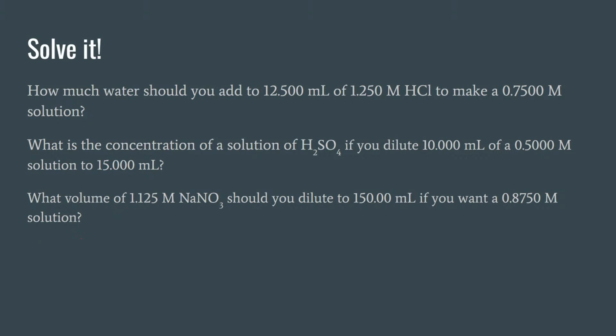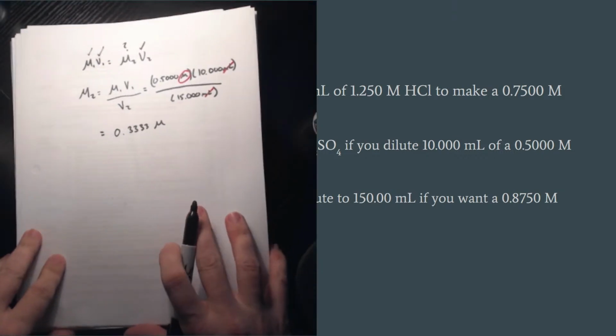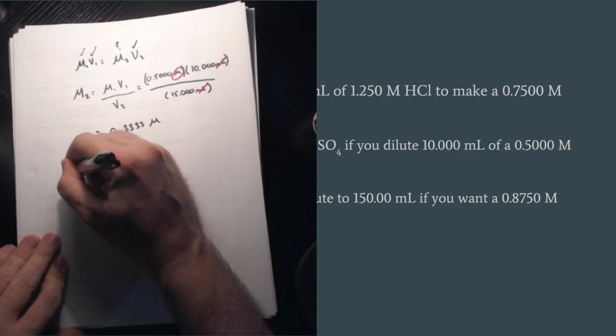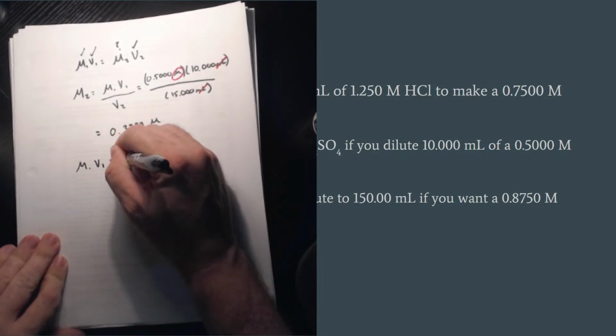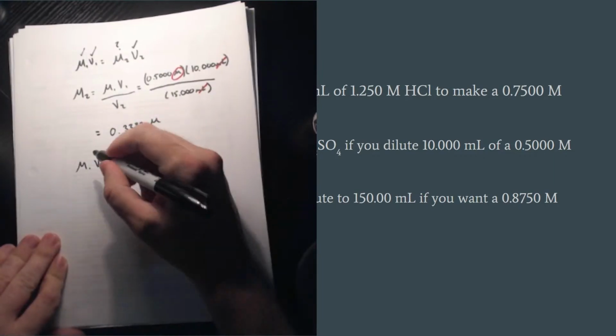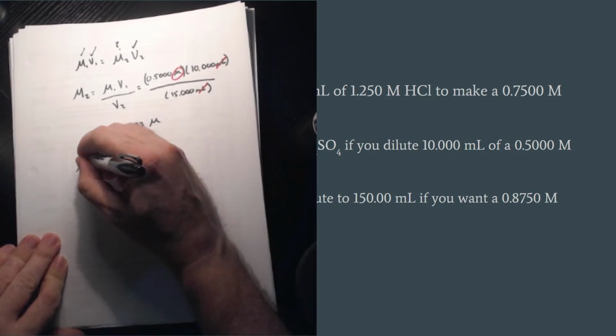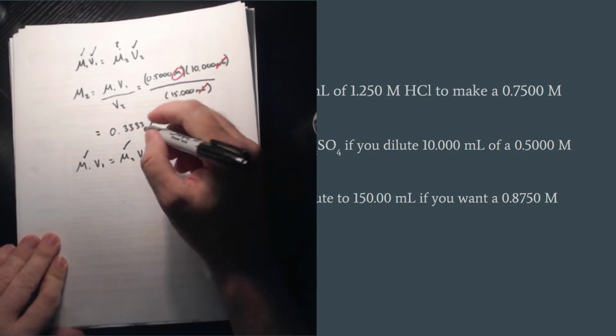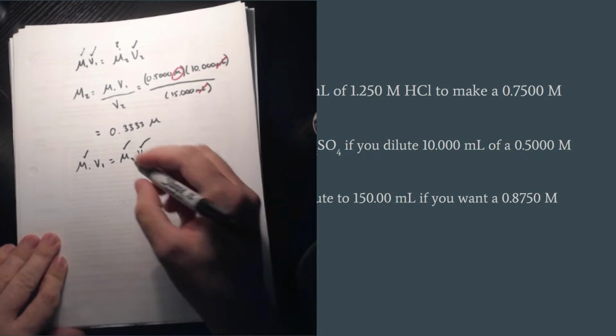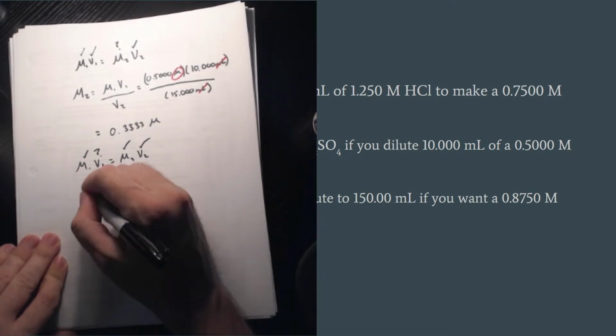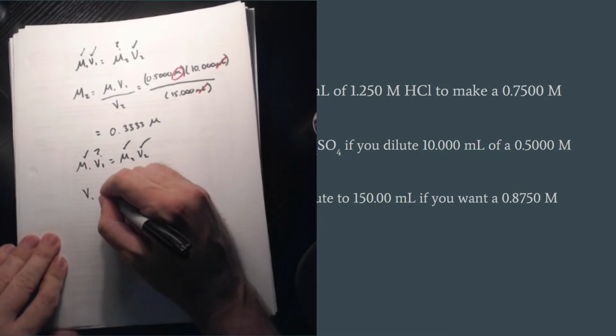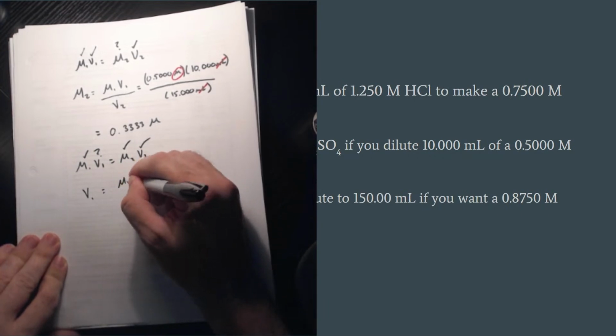Breaking out the paper. All right, so M1V1 equals M2V2. In this case, we know our initial concentration, we know what concentration we're shooting for, and we know how much of that we want. So what is our initial volume? We rearrange. V1 is equal to M2V2 over M1.